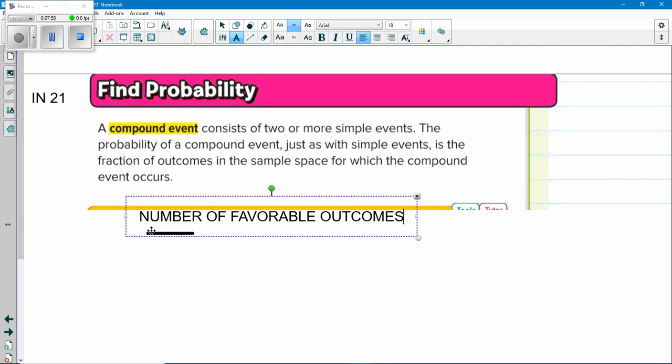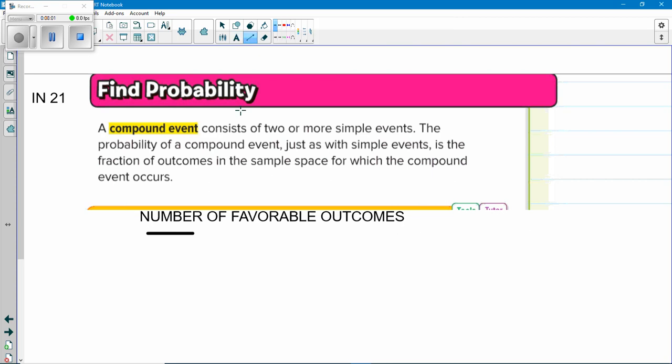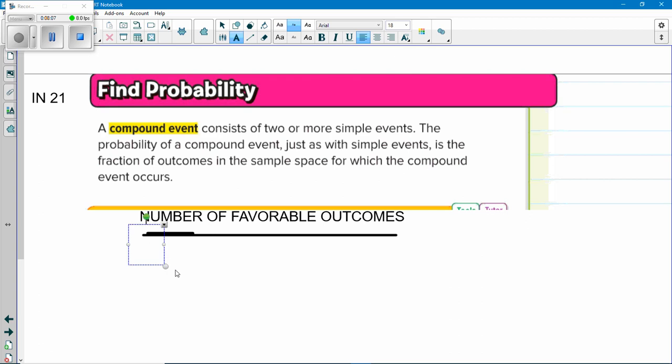Let's make that line bigger. Over all of the possible outcomes.